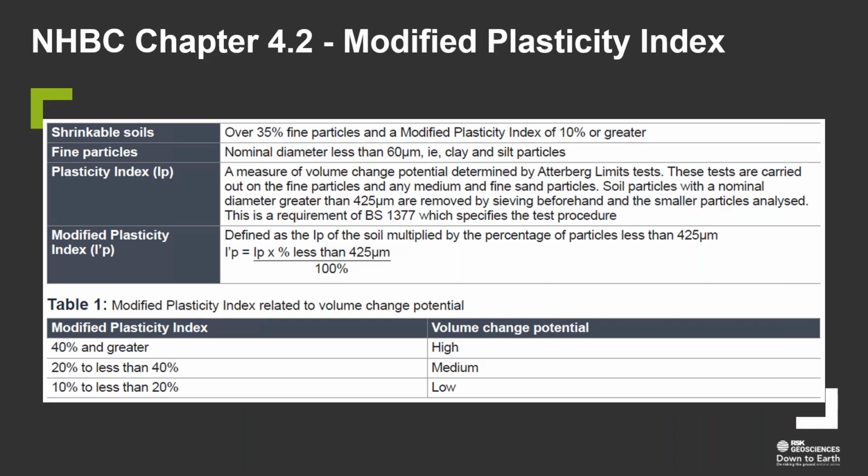I'm not going to go through everything on this slide, and these slides are indeed included when they all go online, so people could look at these at their leisure if they've not seen them already. But that's directly from the NHBC chapter 4.2, and it's suggesting that if we've got a modified plasticity index in the 10 to 20, 20 to 40 and above 40 range, we're going to call them potential for change low, medium and high.